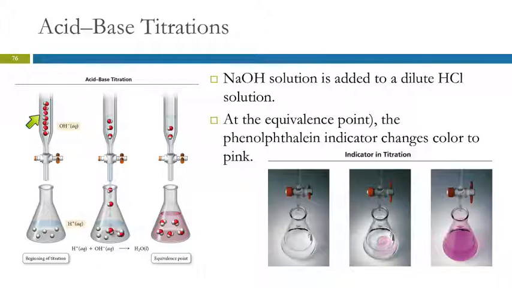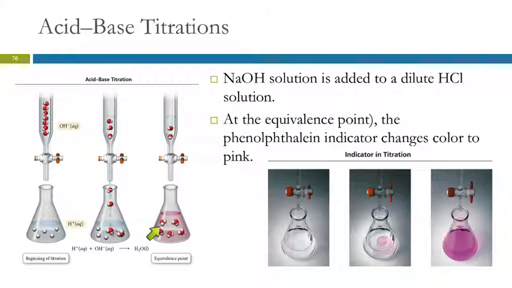So here we've got a solution of a base in the burette, and we use the burette because it allows us to accurately and precisely measure the amount of liquid that has been added, and to do so in a very convenient way because we can control the stopcock and we can add a lot or a little bit, so that's good. Here we have our acid in the flask, and as we add, the hydroxide ions neutralize the hydrogen ions. They combine to form water.